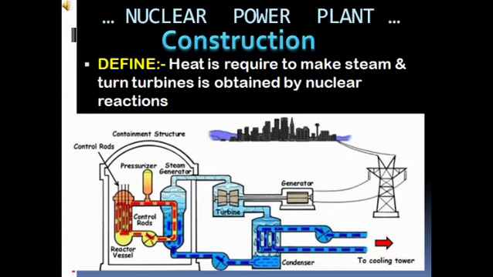Okay, so this was about it. So 1 electron volt is equal to 1.602 times 10 to the power minus 19 joules. Now let's move further.